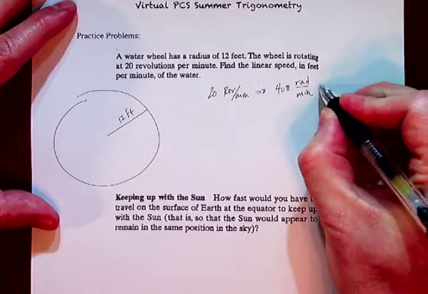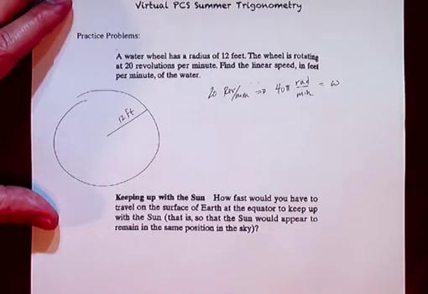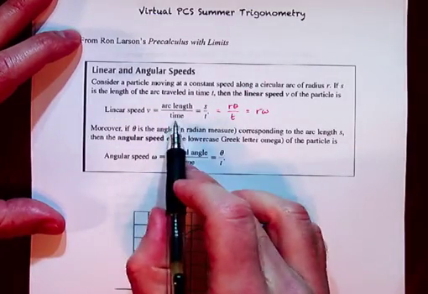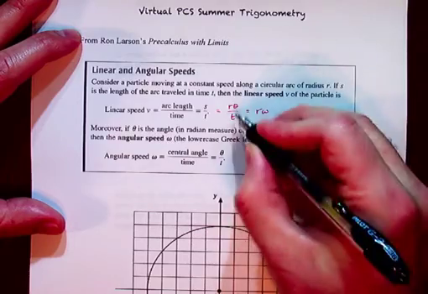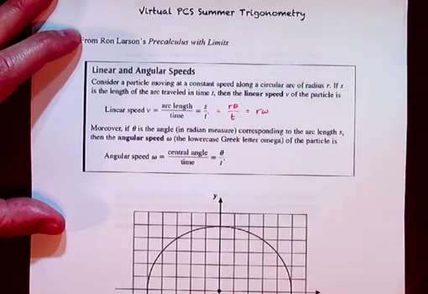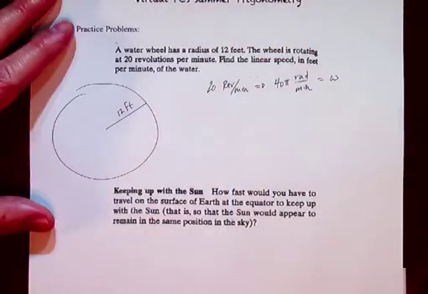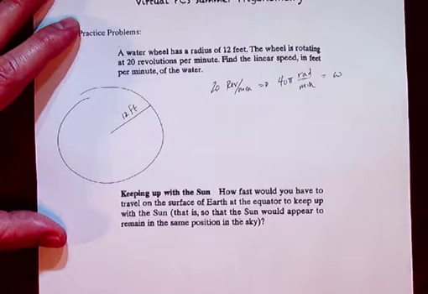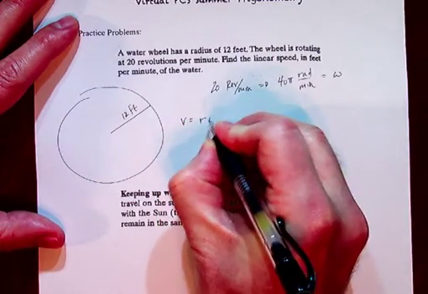So this is omega. And as we said before, if linear speed is arc length over time, it's r theta over time, but it's also r times the theta over t, or r times omega. So at this point, we want to take into account the fact that my linear speed, or v, is equal to r omega.